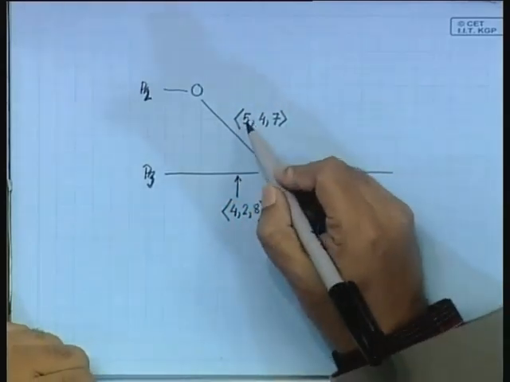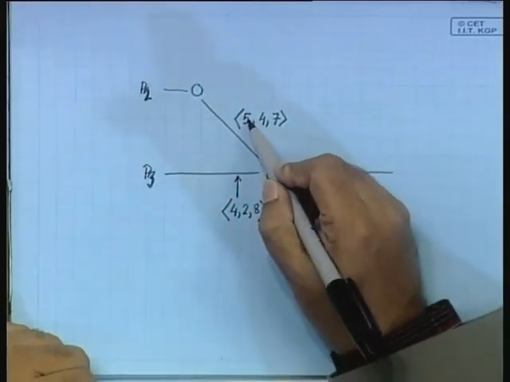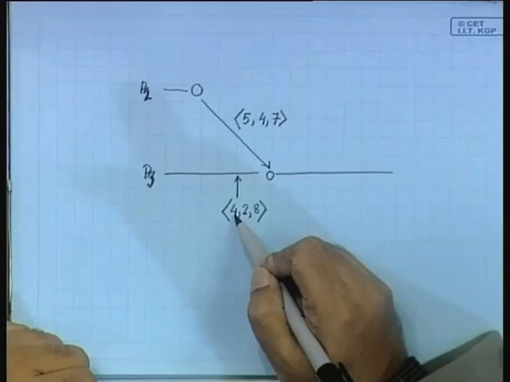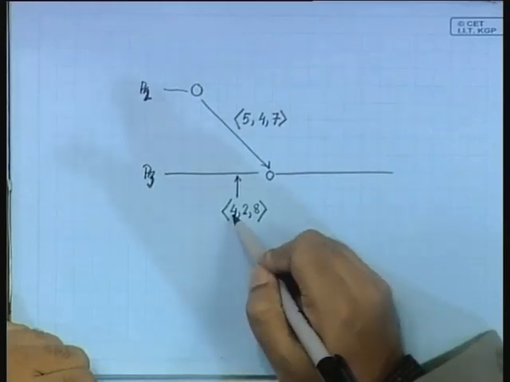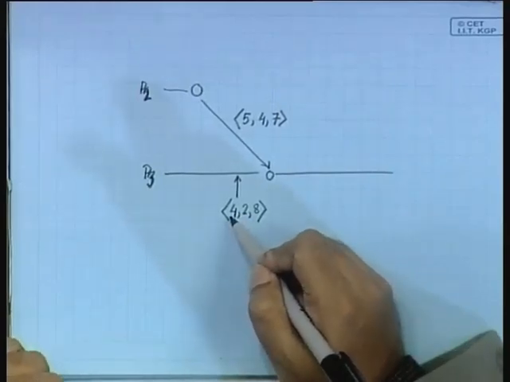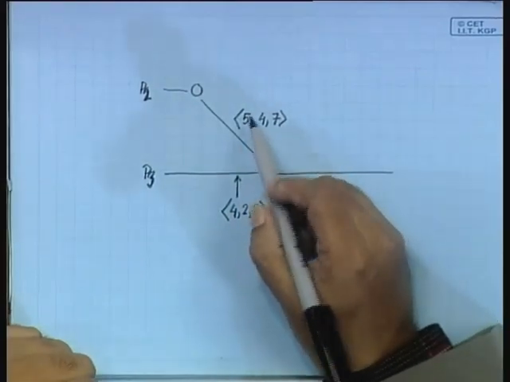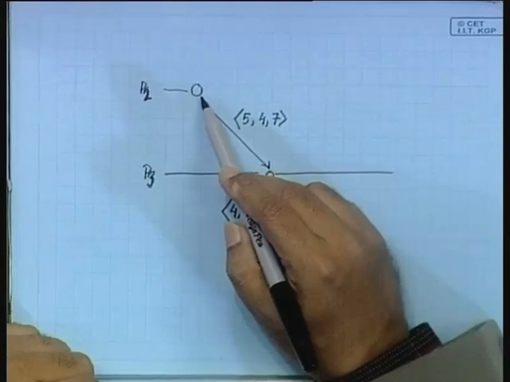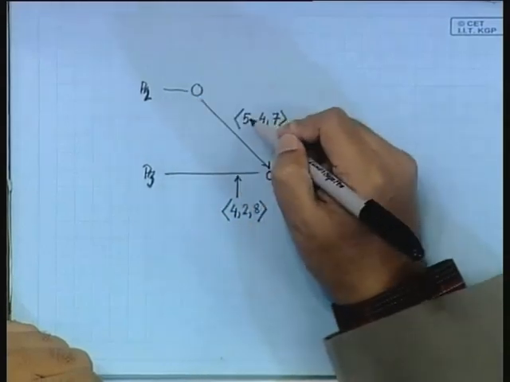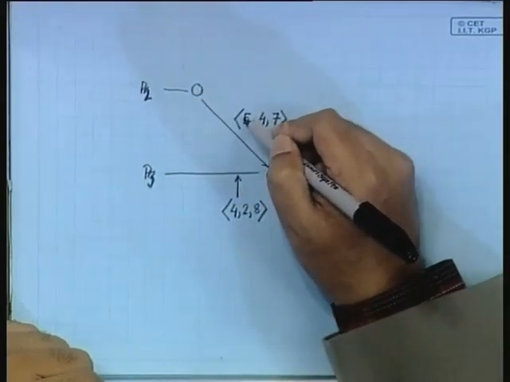So, when this is 5, it means that P1 has sent 5 messages, this is 4 means P3 has received 4 of those, it still has not received one of them, right. And that message was sent before P2 made this send, because P2 has recorded that this is 5.